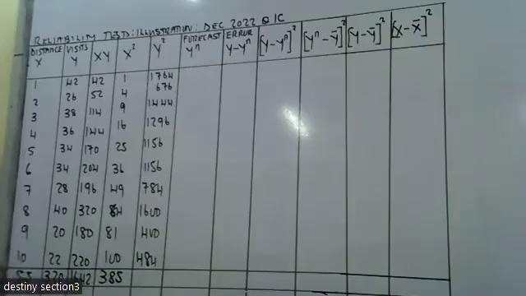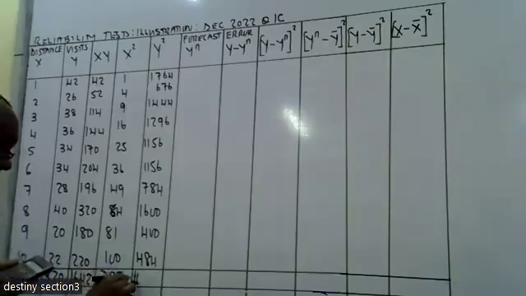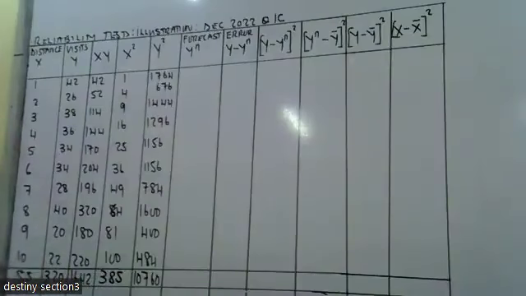So if you add 400, 1600, 784, 1156, 1156, 1296, 1444, 676, and 1764, the total is 10,760.